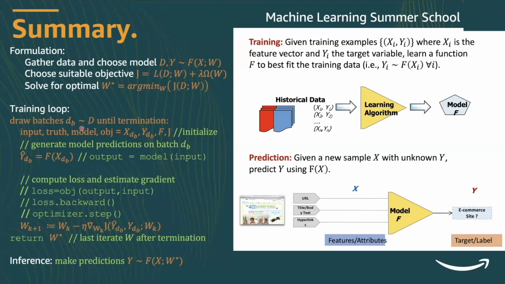And the training loop looks like this. This is the batch gradient descent that we've seen. We draw a sample from our training data, and we run this update function on the parameters until we hit termination, and then return the final, optimal set of parameters.